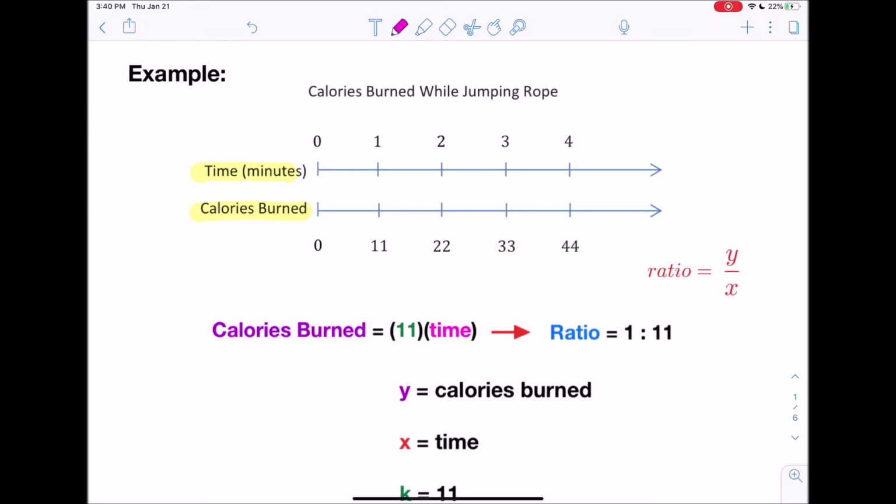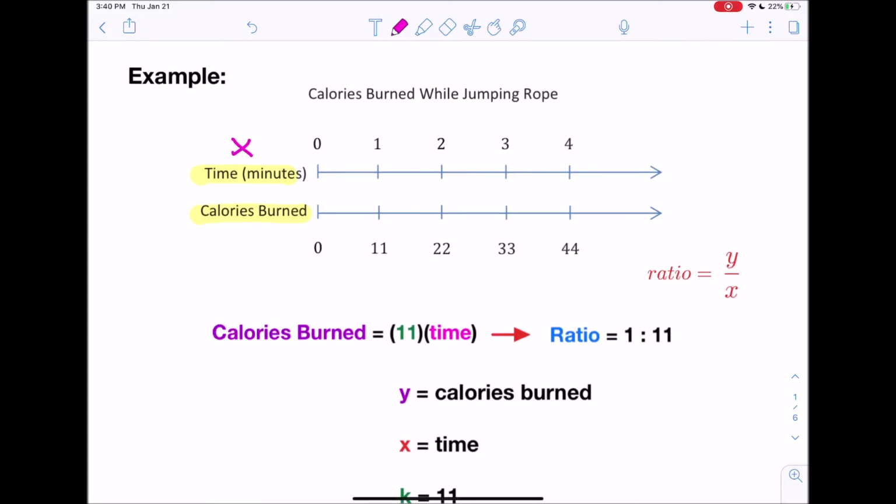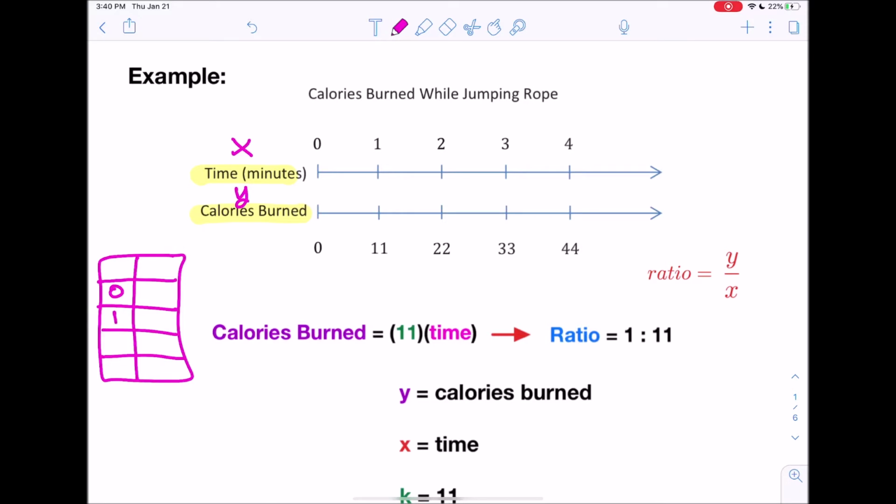When you're looking at a table like this, x is your first set of numbers, and y is your second set. If the table is up and down, like 0, 1, 2, 3 and 0, 11, 22, 33, and then 4 and 44, your first numbers are your x, and your second numbers are your y.